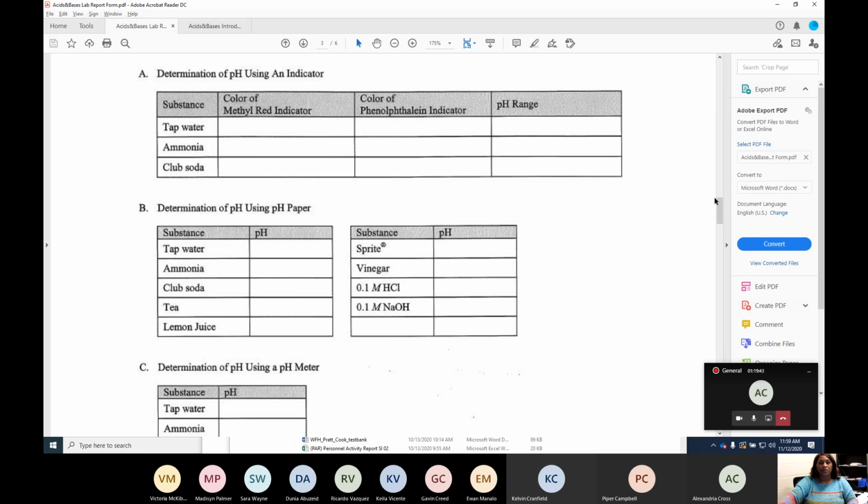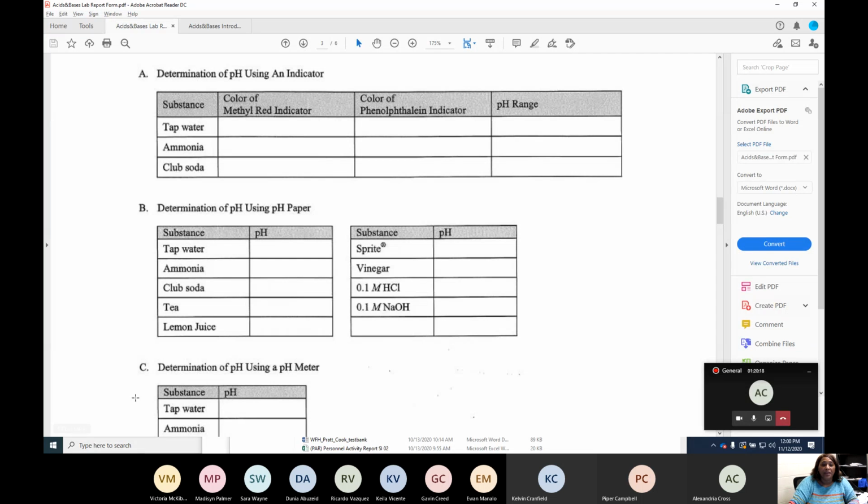Based on the color the tap water turned when you added methyl red, and the color it turned when you added the phenolphthalein, you could say the pH range is from 5.1 to 7.2. So with the indicator, you have to give a range, not just a single value.